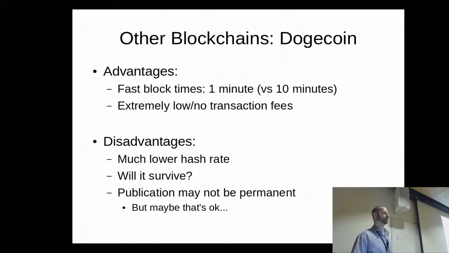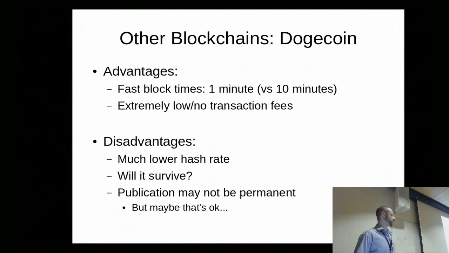And the collection of all the hash rate for all miners is what specifically protects the blockchain from being reverted. So it is a bit more vulnerable to transactions being reverted, which means publications being reverted.